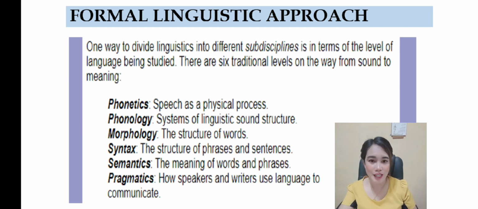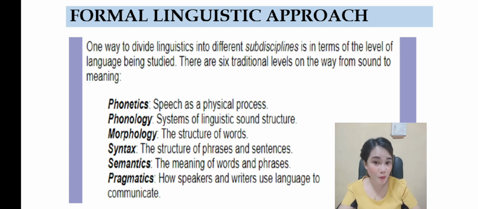Formal linguistics has developed techniques in recent years. There are 6 traditional levels on the way from sound to meaning. So we have here phonetics, phonology, morphology, syntax, semantics, and pragmatics.